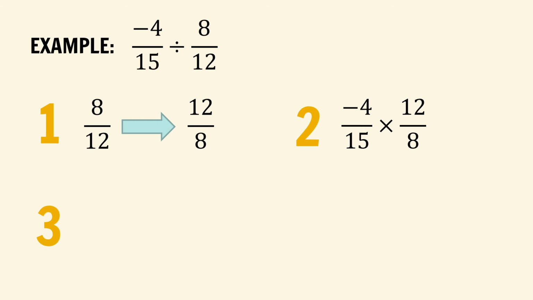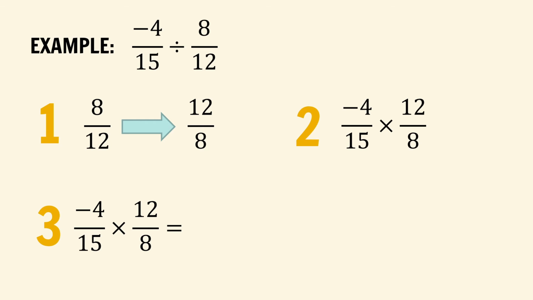Now we will proceed in multiplying the numerators and the denominators. So in this case, 12 and 15 have a common factor of 3. Same goes with negative 4 and 8, which have a common factor of 4.